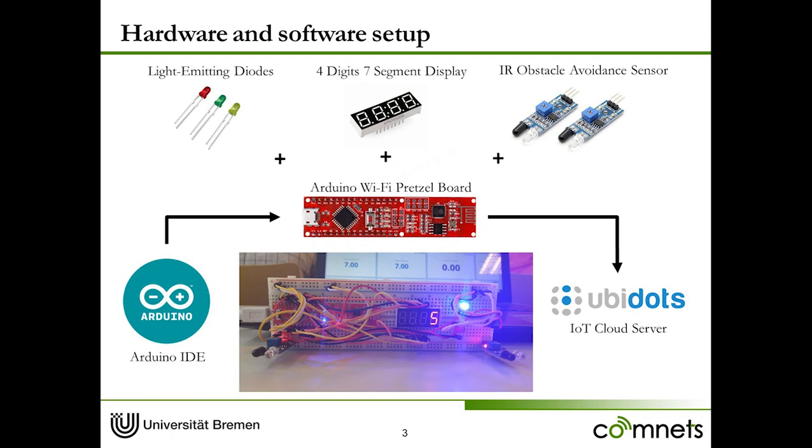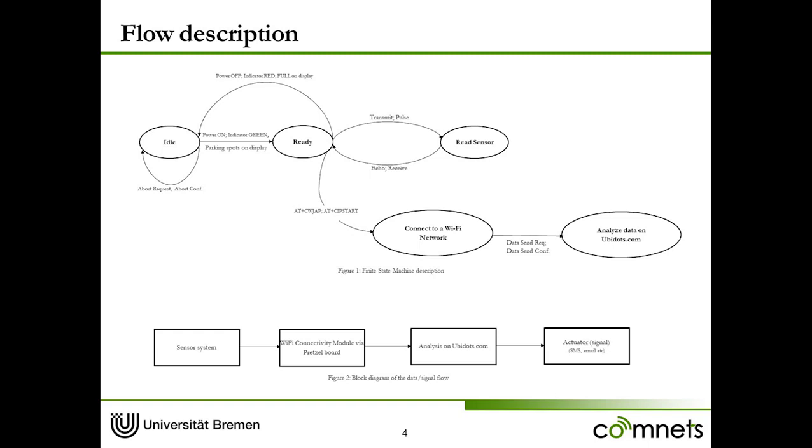And finally, the IR sensors, which are set up to detect the entering and exiting of the cars. The coding part was mainly done on the Arduino IDE, and the resulting data was sent to the Ubidots cloud server using AT commands over TCP packets, and it was also stored and analyzed there. So let's move ahead and present the block diagram.